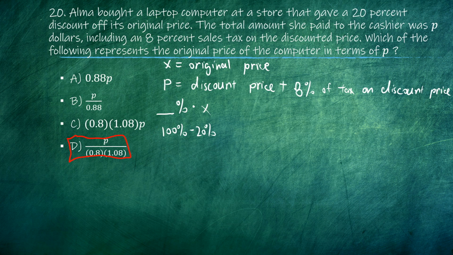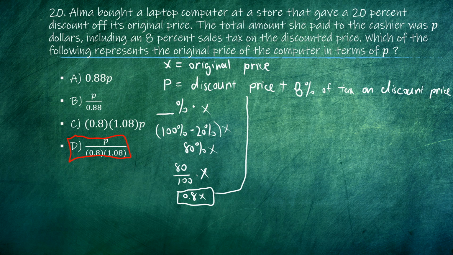So in this case, 100% minus 20% times x, which is 80% of x. And whenever we want to convert a percentage to a number, we can always rewrite that as the number over 100. So we have 80 over 100 times x, which is 0.8x. So that is our discounted price.